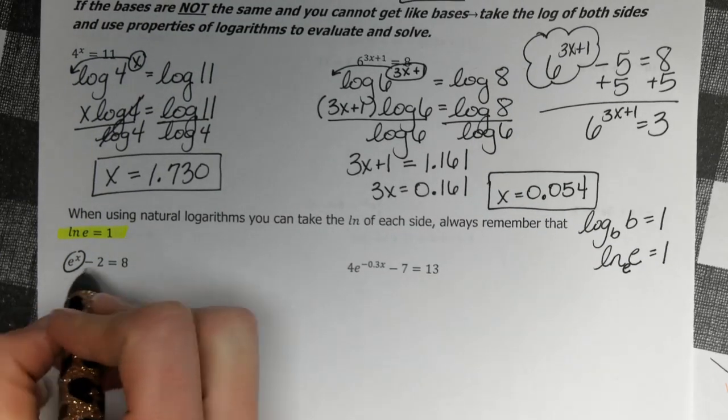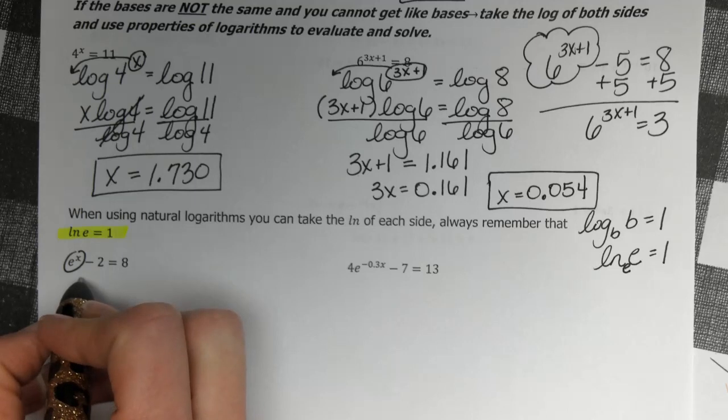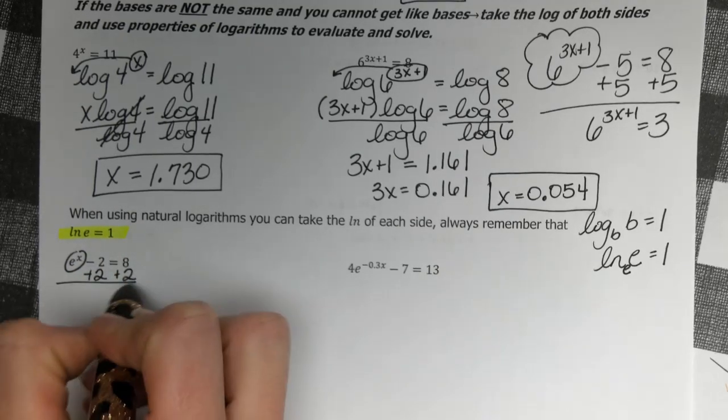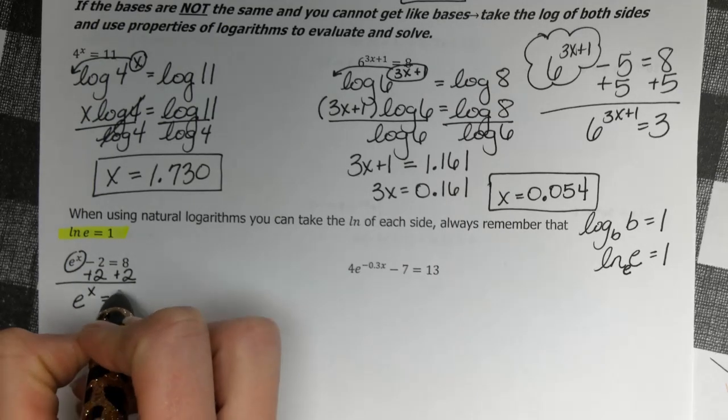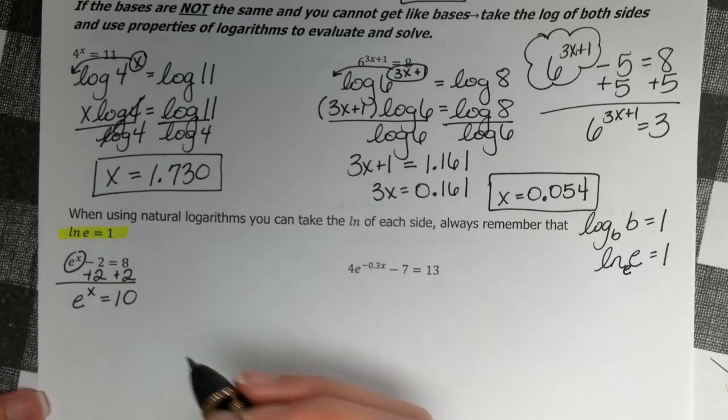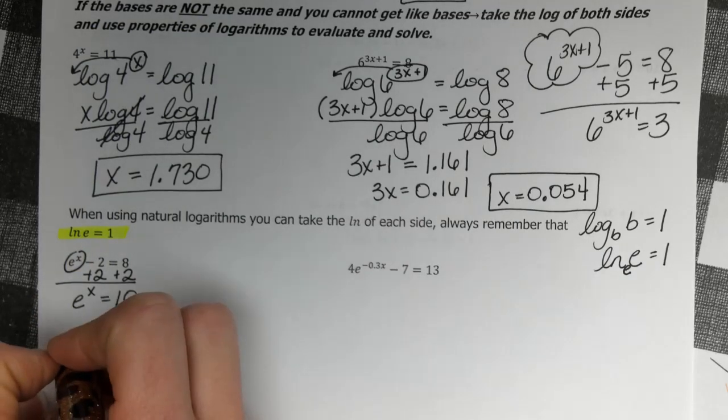So if I want e to the x by itself, I need to do what? Add, I'm going to add 2. So e to the x is equal to 10. Now I can take the natural log of both sides.